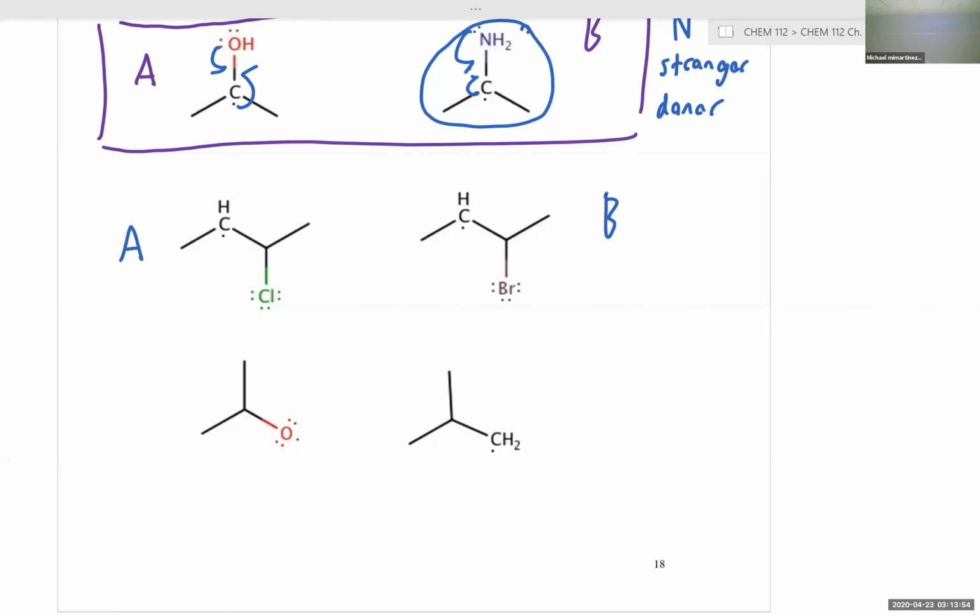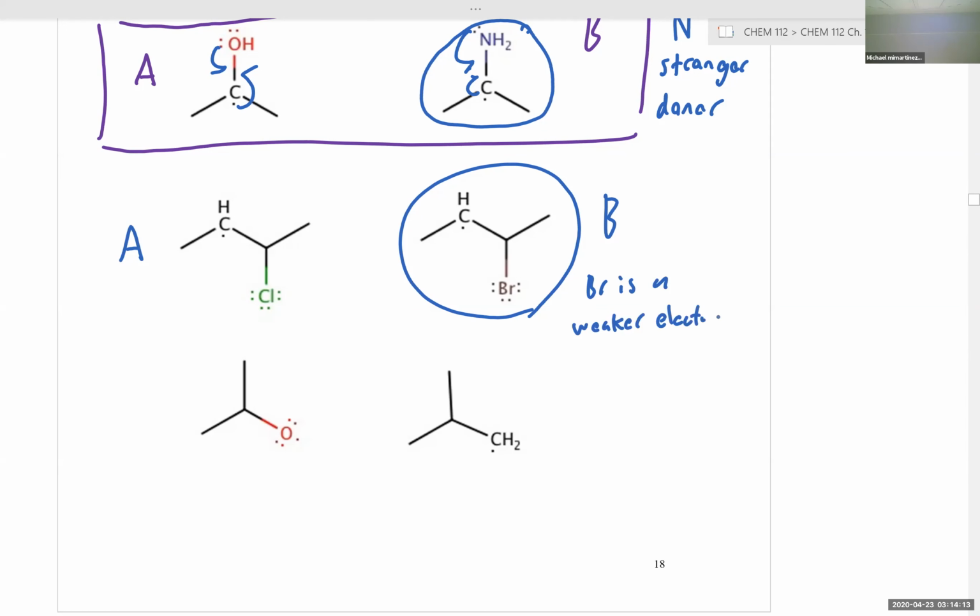Let's try to get about 1 to 2 more responses before we talk about this. I see a lot of people typing B, and that's perfectly correct. The bromine is a weaker electron withdrawing group, and because of that, it's less destabilizing for our radical.